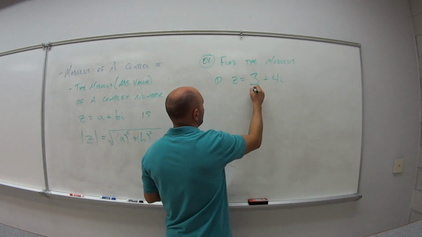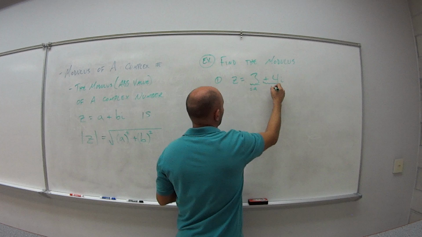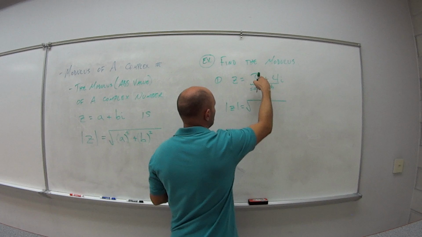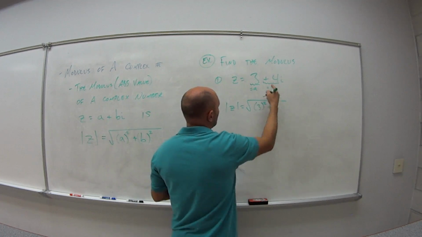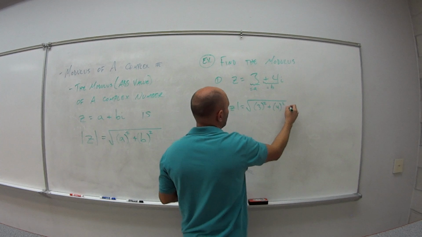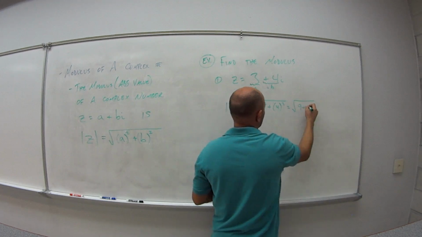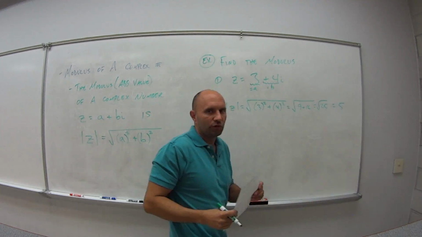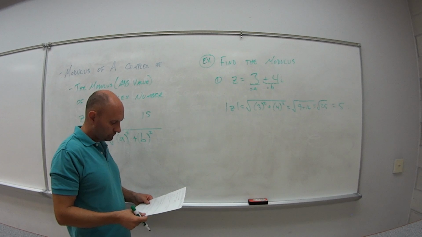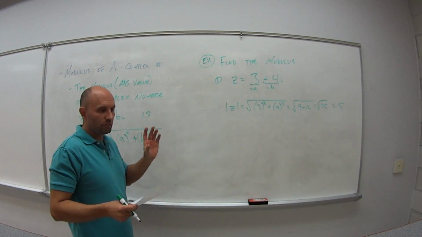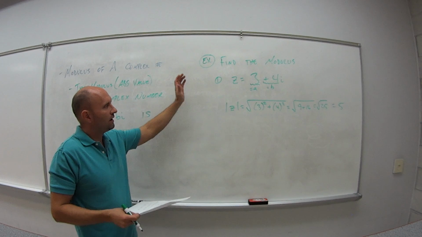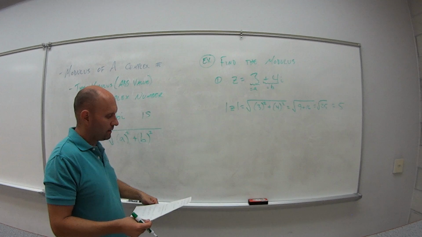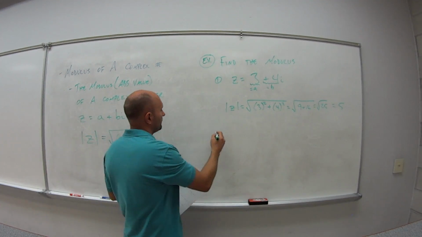The 3 is our A, the plus 4 is our B. So the modulus then is the square root of 3 squared plus 4 squared, which is the square root of 9 plus 16, square root of 25, which is equal to 5. That's it, straightforward as it is. If you want the modulus, you're basically finding the hypotenuse of that triangle created in the complex plane.